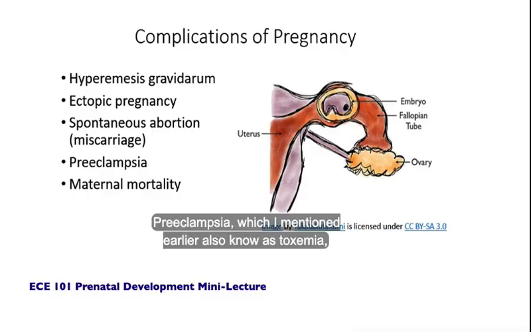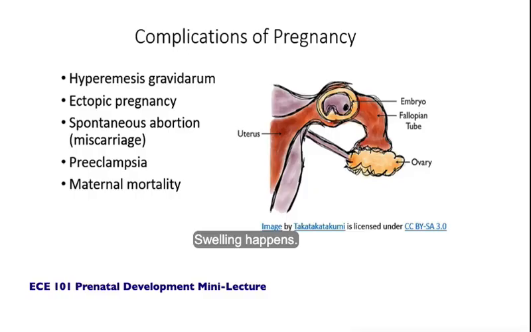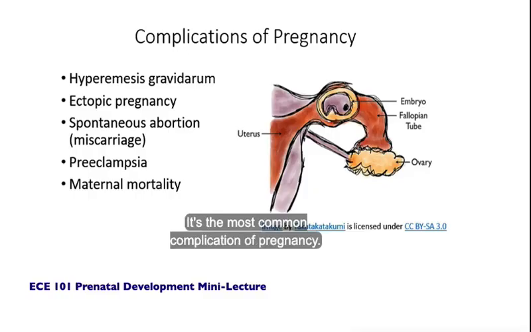Preeclampsia, which I mentioned earlier, also known as toxemia, is a really high blood pressure and causes a leakage of protein into the urine, which is a kidney issue. Swelling happens. It's the most common complication of pregnancy. It can cause seizures, which then becomes eclampsia, which is the second leading cause of maternal death in the U.S., so it's really important to monitor this.